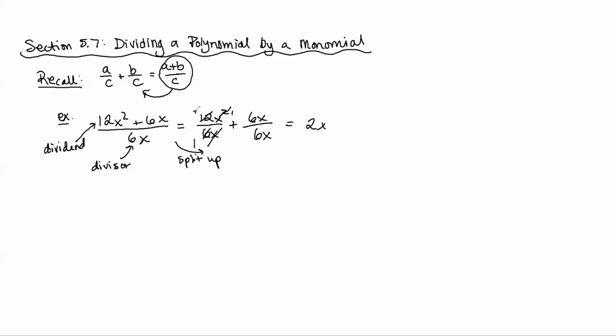So 1 and 2. That way is also super nice because they won't always divide completely. So you might be left with things on the bottom. We'll see some like that as we go through. Plus 6x divided by 6x, it's exactly the same, so it's a 1. And that's it. So we're just dividing by single terms for now. And let's go ahead and run through some more examples.